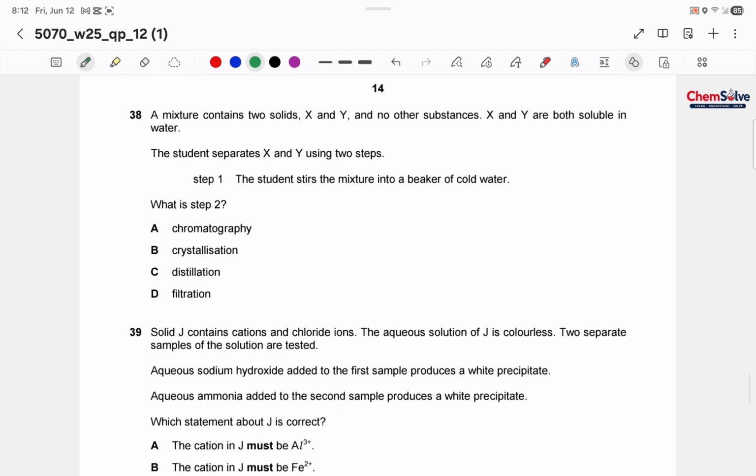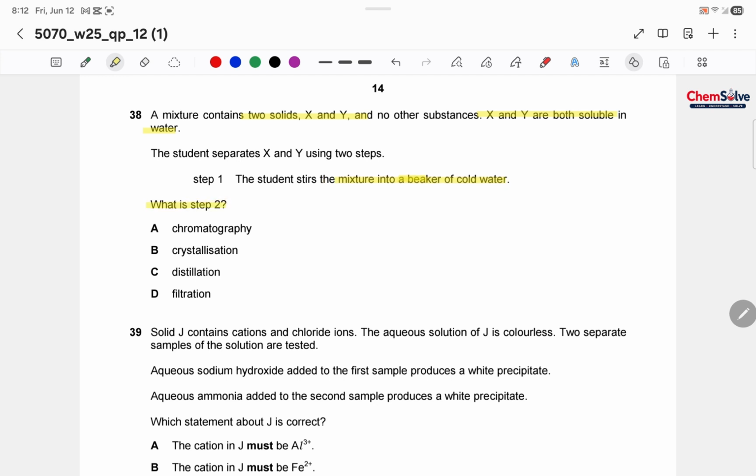Question number 38. A mixture contains two solids, X and Y, and no other substance. X and Y are both soluble in water. So the student separates X and Y using two steps. Step 1: the student stirred the mixture into a beaker of cold water. What is the second step?